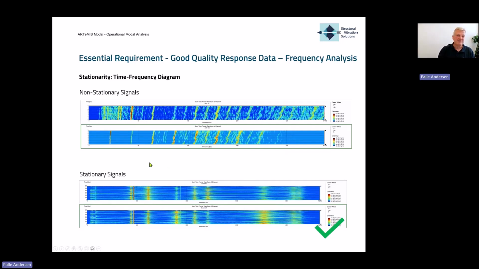And that means if we have a signal like this one here, this is a mode, for example, then the natural frequency that you will get returned from analysis will be some kind of average of what is going on here. And this is, of course, not desirable. So it's a very good idea to check if you have stationary conditions by using a time frequency diagram.